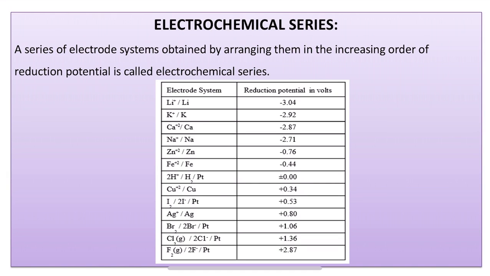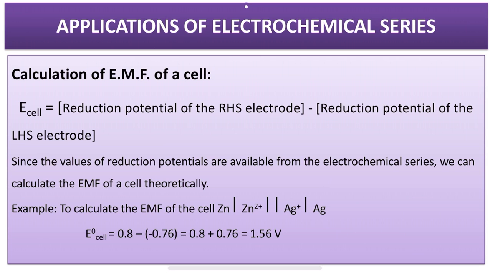The reduction potential for zinc, as you see here, is minus 0.76. That minus 0.76 I have used, and the reduction potential of silver is 0.80. Those are the values I have taken here. 0.8 is the reduction potential of silver, and minus 0.76 is the reduction potential of zinc.